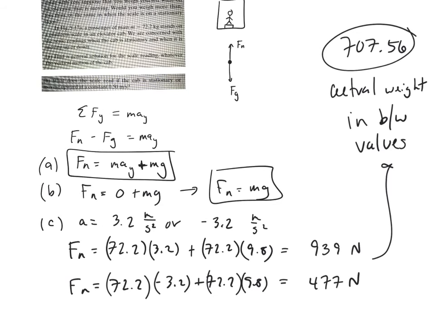Okay, and that makes sense. You actually weigh 707 newtons. When you're accelerating upward at that rate of 3.2 meters per second, that's what you feel like you weigh. You weigh more. You feel like you weigh more. But when you're going downward, you feel like you weigh less. You feel like you weigh less on the way down.